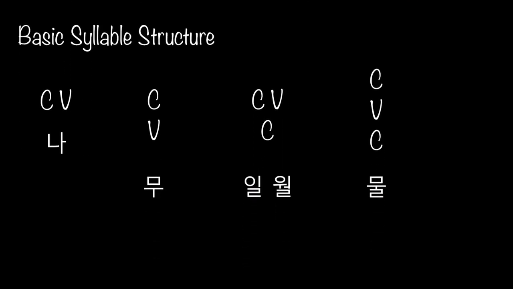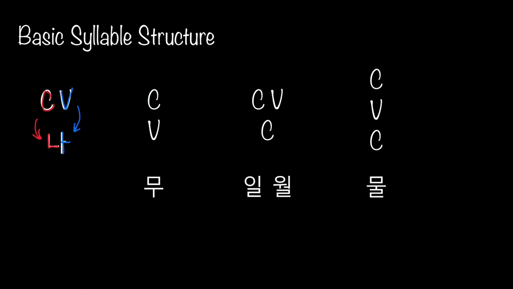And a brief overview of the basic syllable structure. The most basic syllable is where you have a consonant and a vowel right next to each other. The consonant is written first, followed by the vowel, right beside each other.